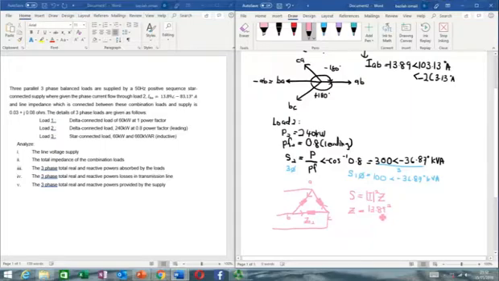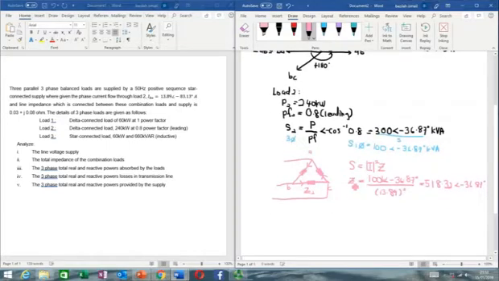So it should be S for one phase, 100k, divided by 13.89 squared. So the answer is 518.32 angle 36.87.